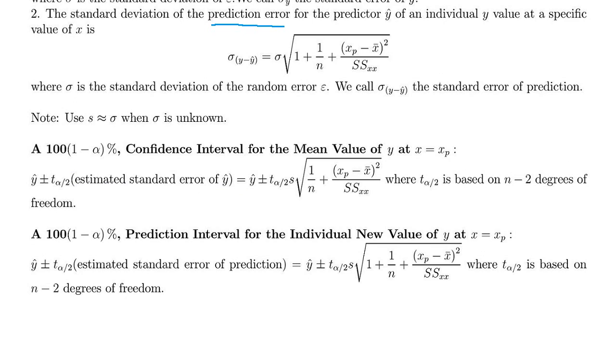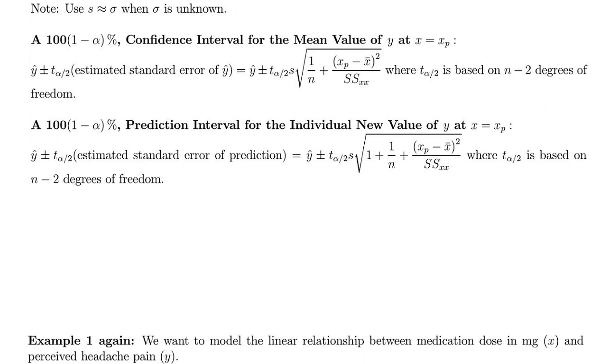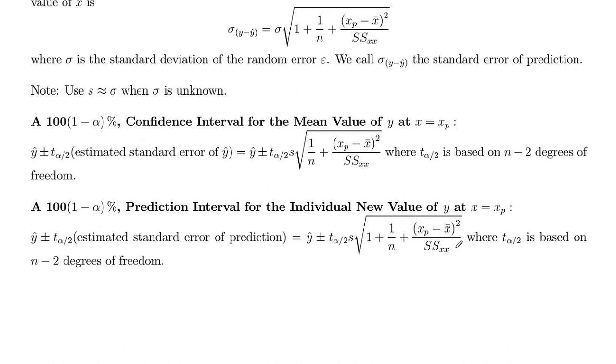So that standard error estimate is this guy right here, except we'll be using S. So that's y hat plus or minus t alpha over 2, and then we're just plugging in this here, but with an S instead of sigma. And then t alpha over 2 is based on n minus 2 degrees of freedom. And then the prediction interval, so this is confidence interval for the mean.